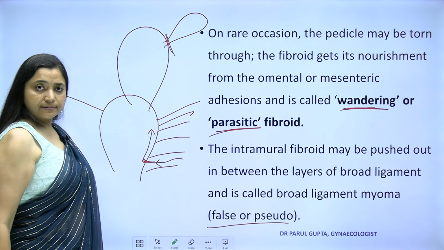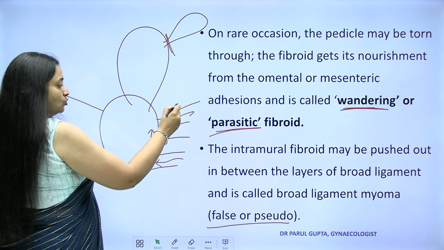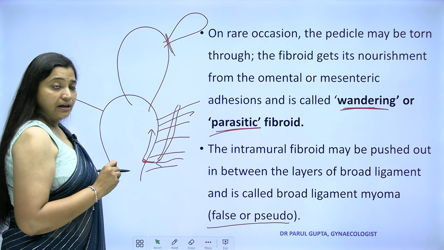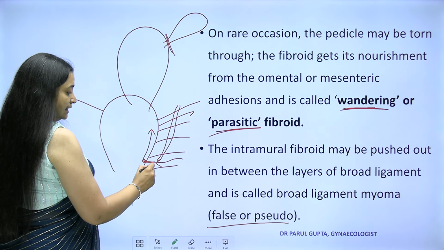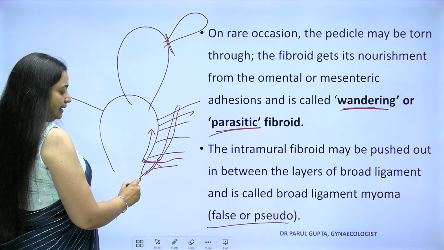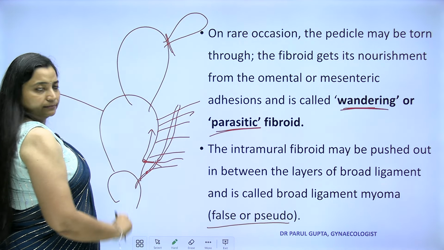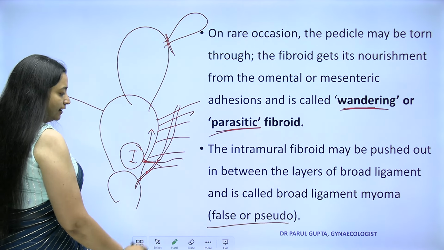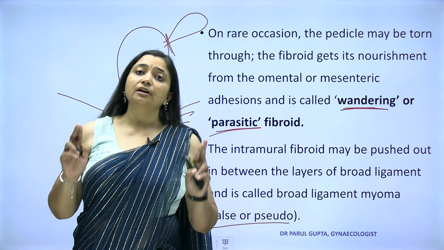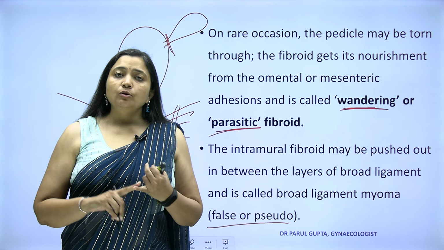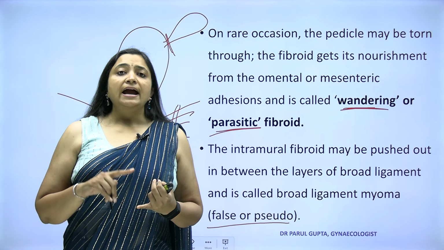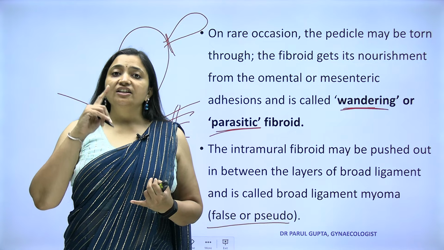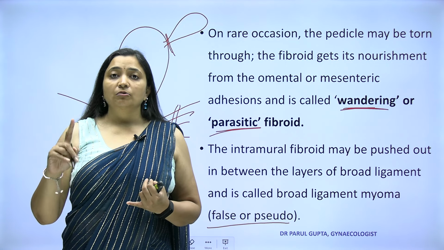At the same time, the ureter is also coming from the kidney, and at the level of the isthmus, it crosses under the uterine artery and then goes towards the urinary bladder, right? So the isthmus is a very important anatomical location from a gynecological point of view. At this point we ligate the uterine arteries. At this point the ureter crosses the uterine arteries, and we can injure the ureter if we are not very careful.